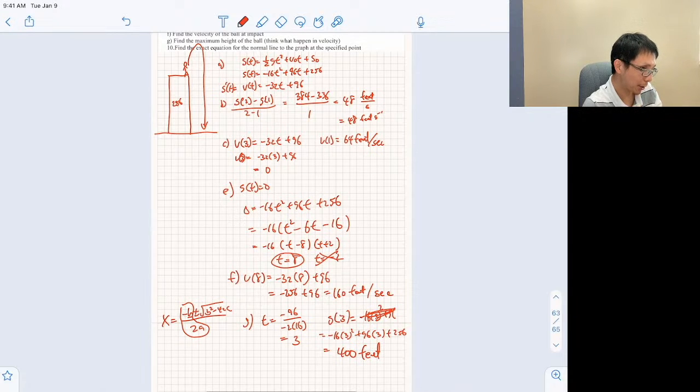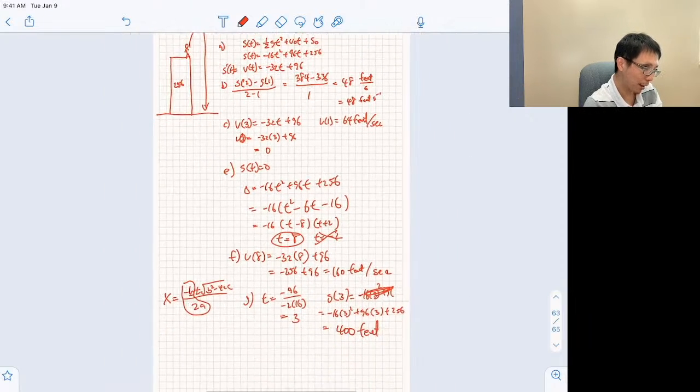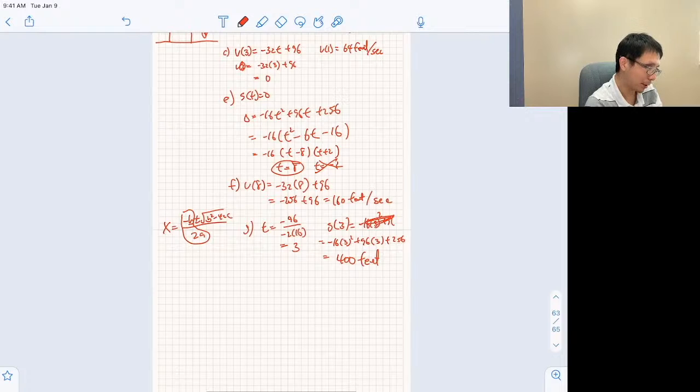So you can actually use that, or you can take a derivative and set it equal to 0, right? Now imagine you take a derivative, how do I get negative b over 2a? Just imagine you have ax squared plus bx plus c, and imagine that's position. If I take a derivative of this, what am I going to get? 2ax plus b is equal to 0.